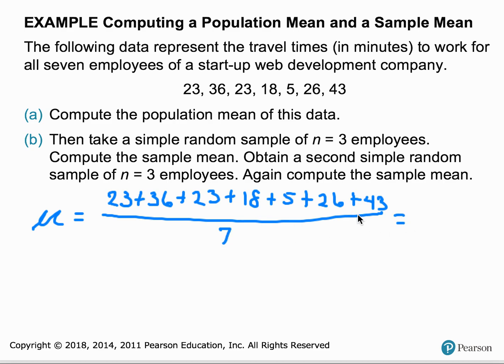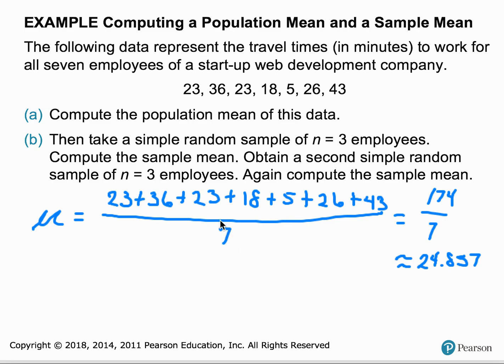Okay, so let me grab my calculator and do that. I got 174 divided by 7 is 24.857.